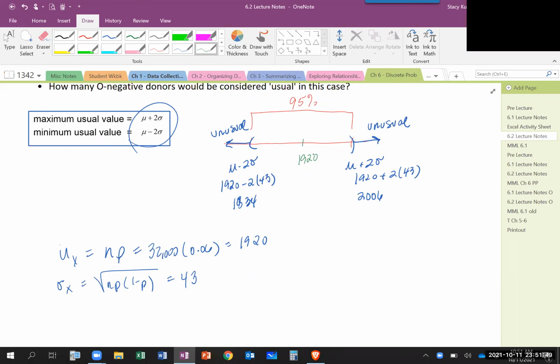If in my 32,000 people blood drive, I encounter 2,200 of those people that have O negative blood, that would be unusual, all right? So this boundary between usual and unusual just allows us to look at the data in different aspects.